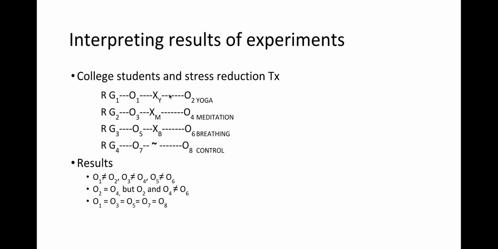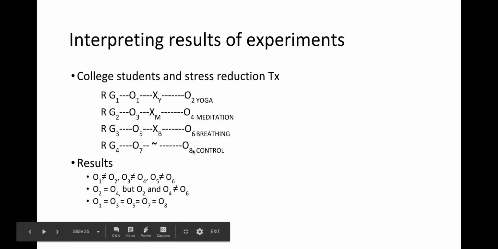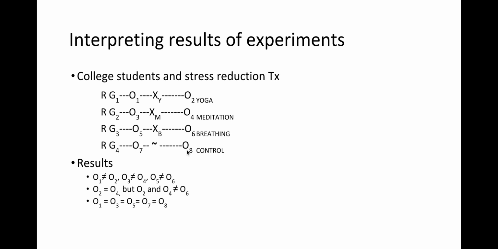Or sometimes you can ask whether 2, 4, 6 are different from 8. 8 is the control group, no exercise, don't do anything, right? So whether 8 is different from 2, 4, 6 could be one of your research questions. Many research questions come out of here. Is the average of 2, 4, 6 the same as the average of 8? You can formulate that kind of combination of your different averages as well.